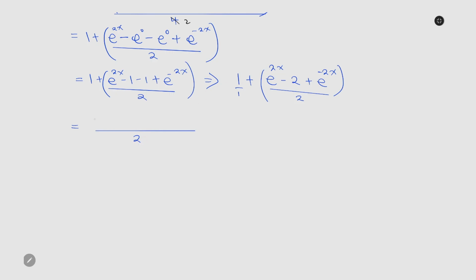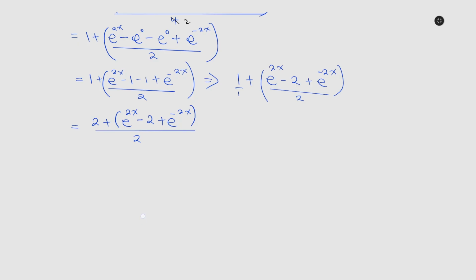So I will have 2 plus, 2 goes into 1 once, 1 times this, we maintain it. So I will have e to the 2x minus 2 plus e to the negative 2x. Next, I open the bracket.